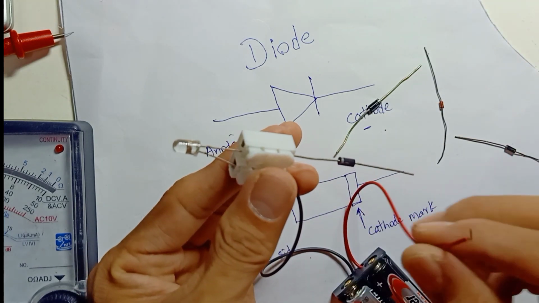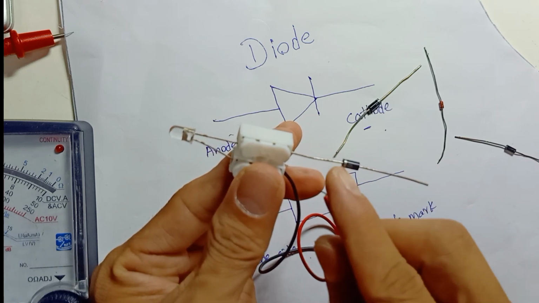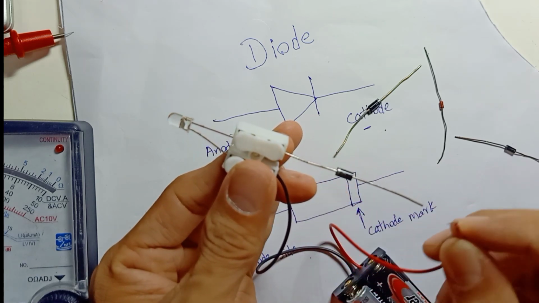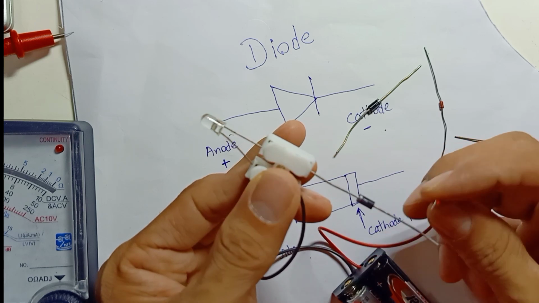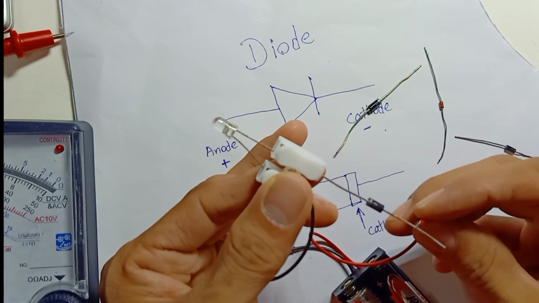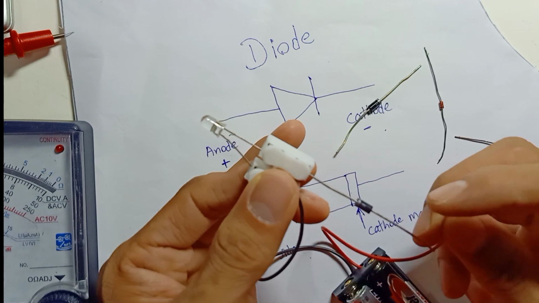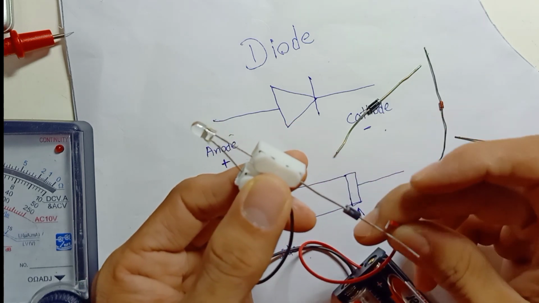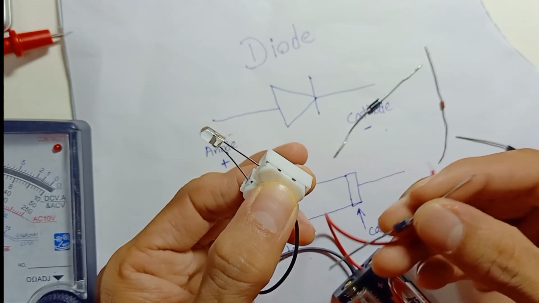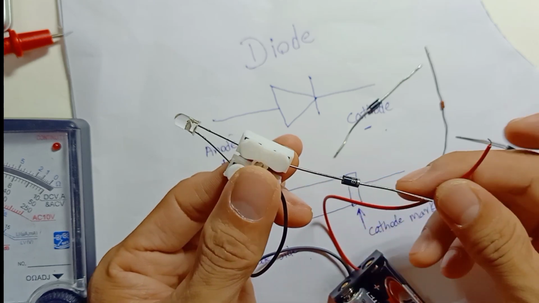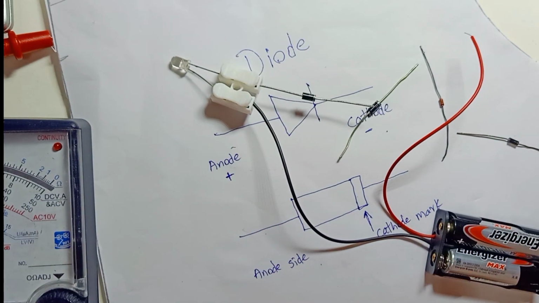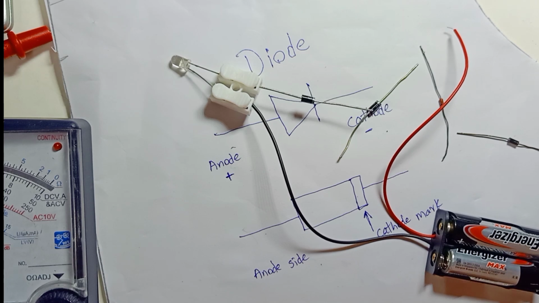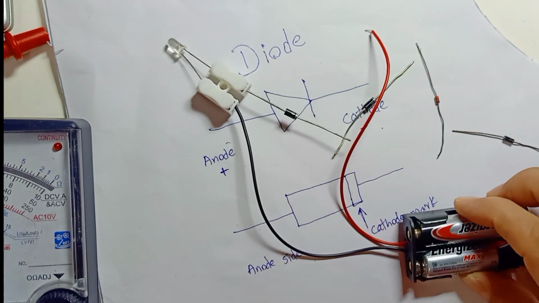The mark always has to be on the output side. Positive to negative, in other words, anode to cathode. If you reverse, it is blocked, so this is good. This is how you can test a diode with a multimeter and a battery.